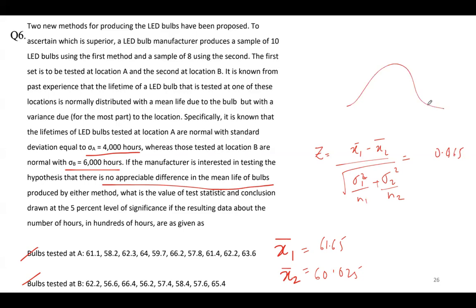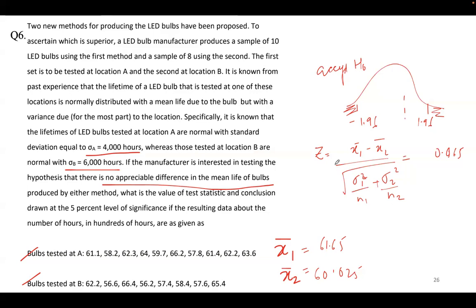Again, with 1.96 and minus 1.96, this is going to lie somewhere here, so it's not in the critical region. You will have to accept the null hypothesis. Same thing, you can also solve this in R. You can use the z dot test function, give the two distributions, and you should be good with that.